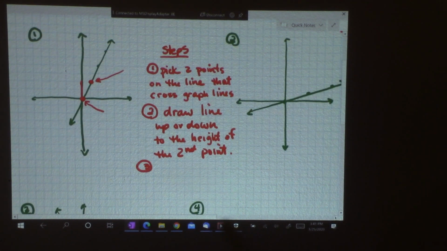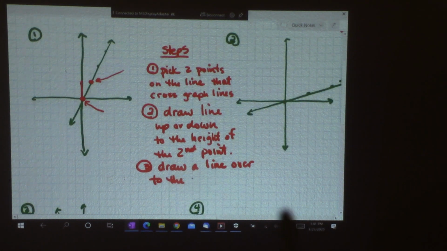The third thing I'm going to do is draw a line over to the second point. Okay?